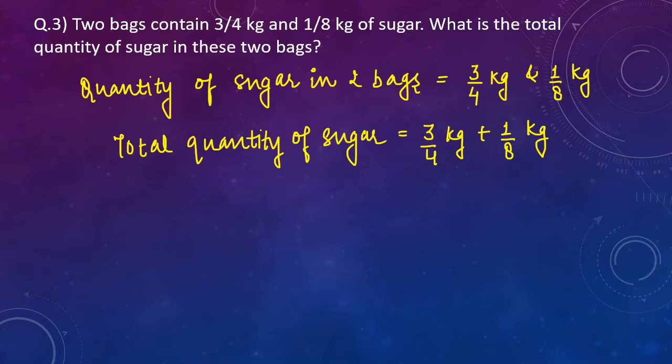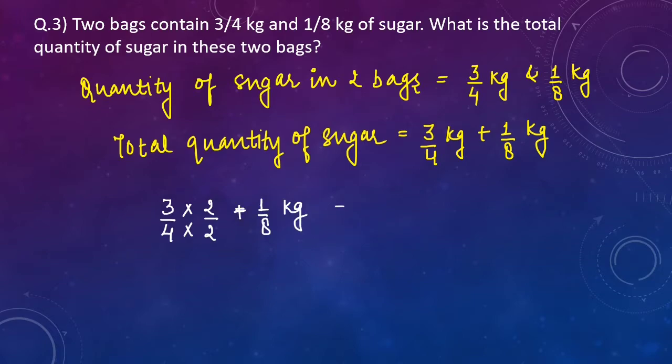As we know, firstly we have to convert it into like fractions. So what we will do, we will convert 3/4 into its equivalent fraction with denominator 8. So 3/4 multiplied by 2/2 plus 1/8 kg.